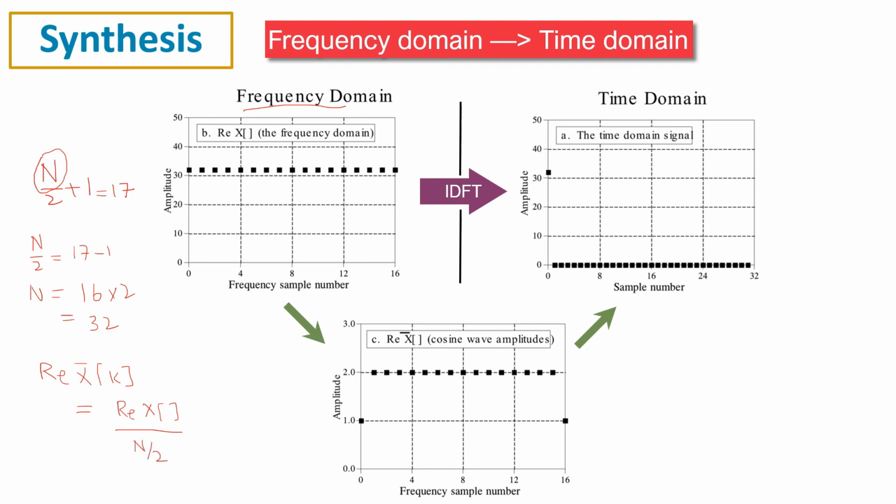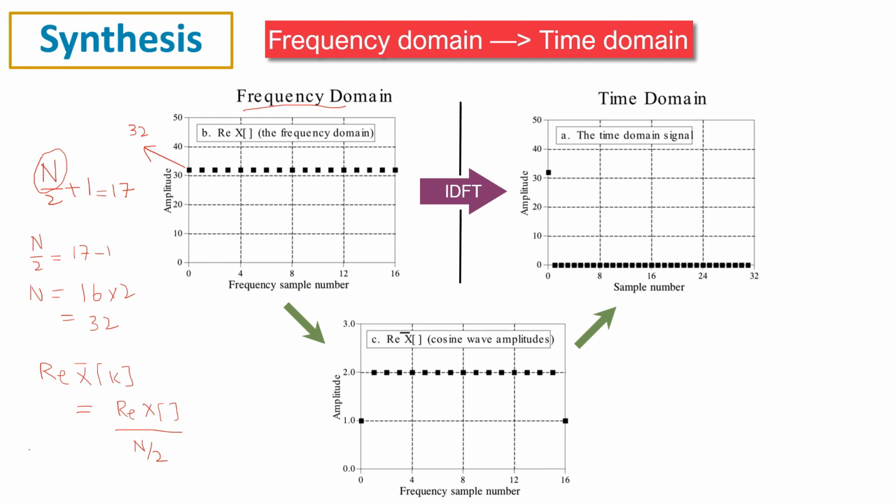Since n is 32, n over 2 must be equal to 16. So this value is actually 32. We divide by this, other than the first and last point.